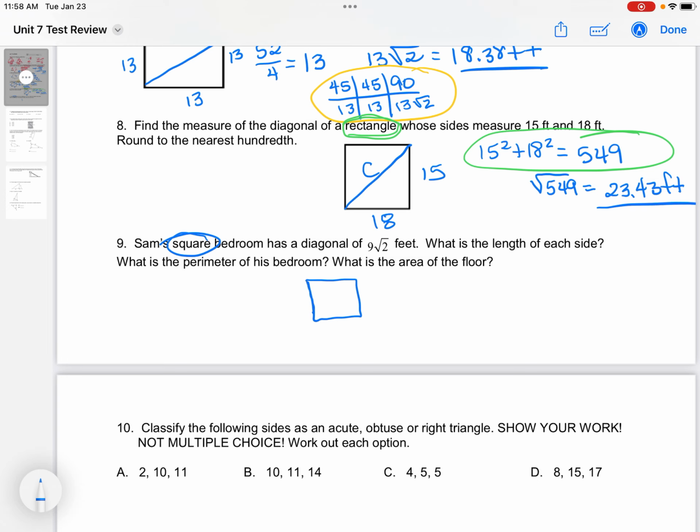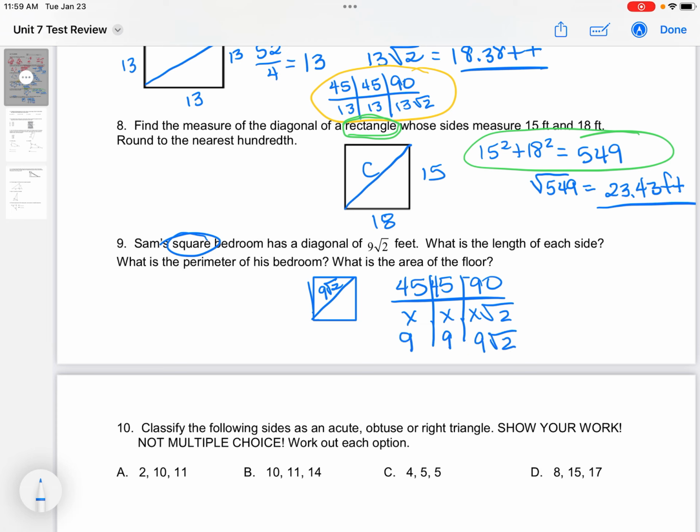Okay, Sam's square bedroom has a diagonal of 9 square root 2. Since I know that that's my 45, 45, 90, because it's a square, if this is 9 square root 2, that means the sides are 9.